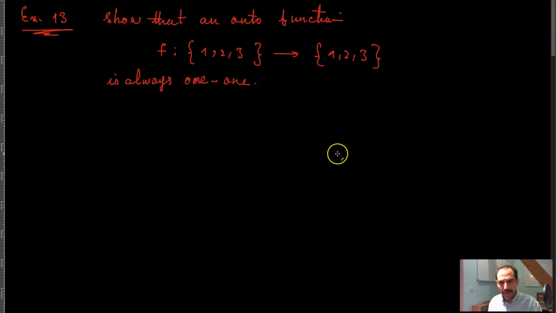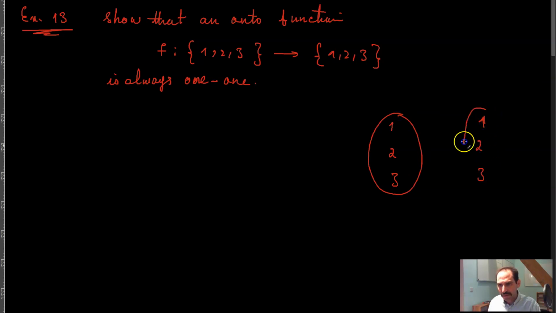Right? So now this is a function that we have basically from this set to this set, meaning that you have 1, 2, and 3, and you have another set 1, 2, 3, the same set basically. Now, we are assuming that this is an onto function.